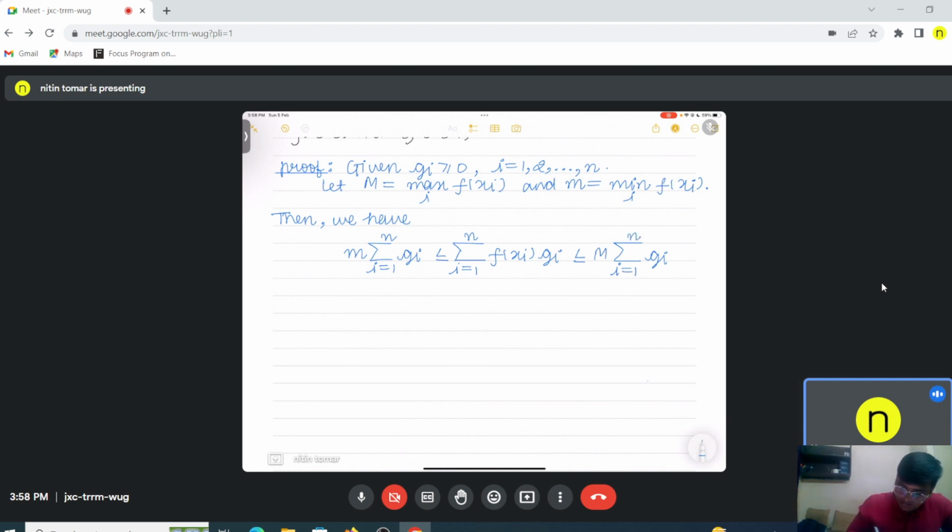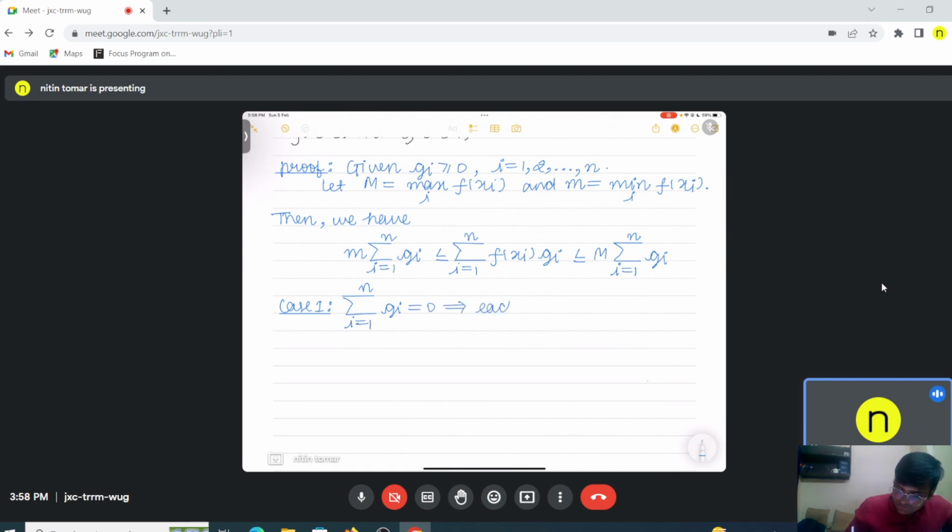Now from here we have two cases. Case 1: if the summation of gi is 0, then what can you say about each gi?